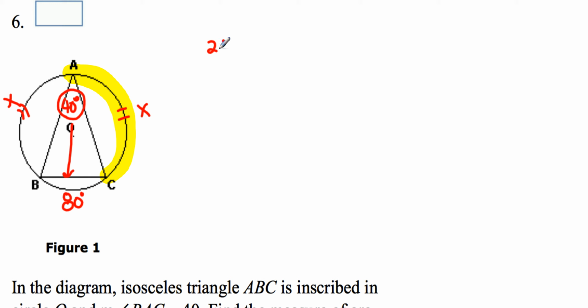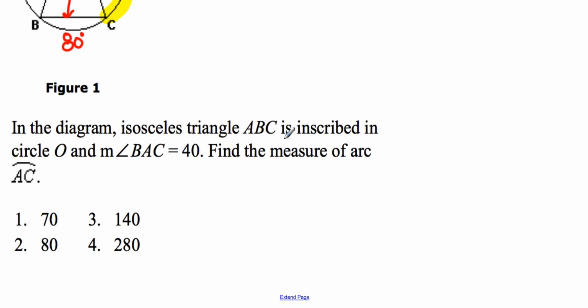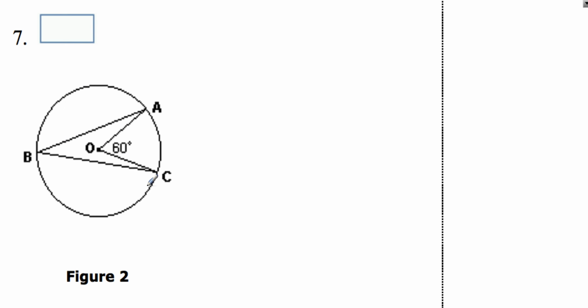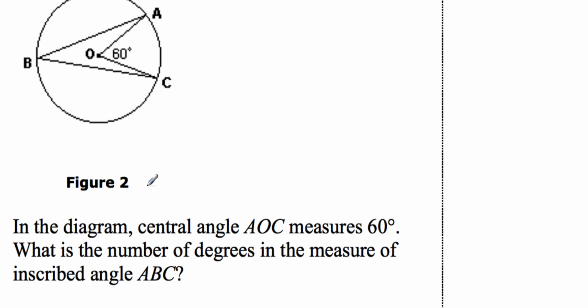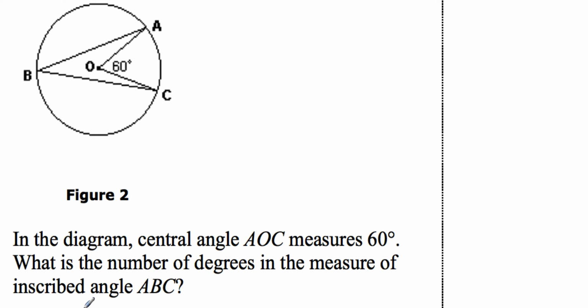So we have 2x plus 80 must be equal to 360. So 2x must be equal to 280, by subtracting 80 from both sides and dividing by 2, so x must be equal to 140. So choice 3 becomes the answer. Now, in this case, we are looking at what is the measure of the inscribed angle ABC, so that will be equal to x.